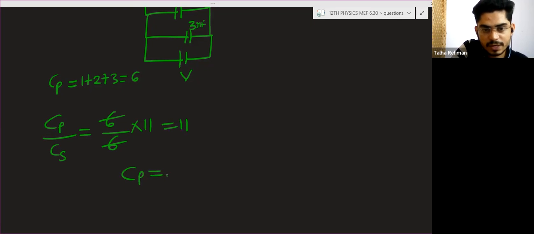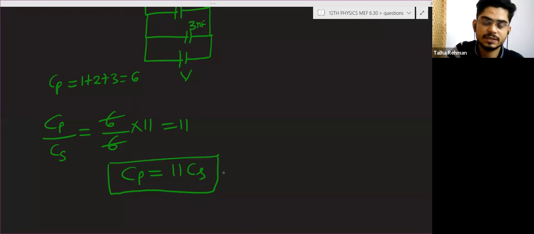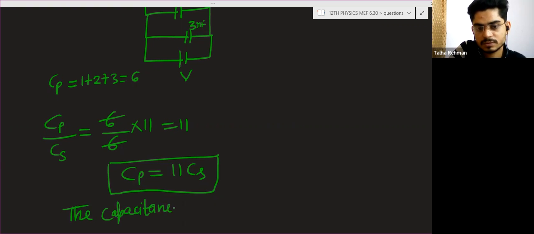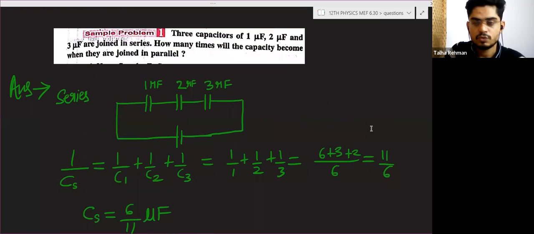So when you connect them in parallel, the capacitance will become 11 times. This is the first question.